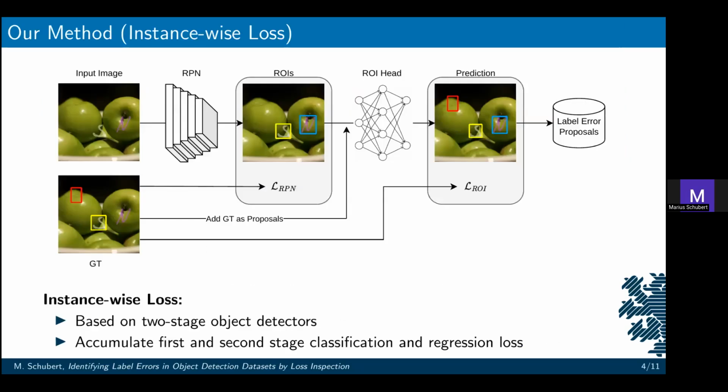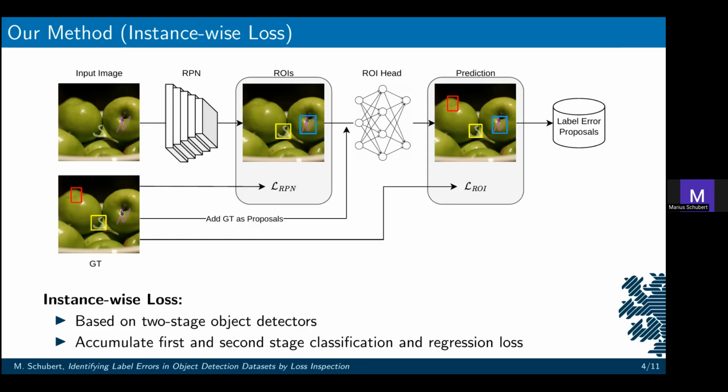Our method is based on 2-stage object detectors, where we sum up the instance-wise first and second stage classification and regression loss by comparing predictions with labels. A sketch of our method is shown here in the figure.